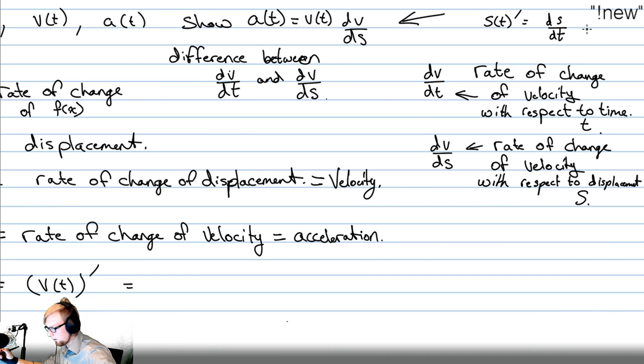How would we change the variables for that? Because I want it to be with respect to s. I need 2, right?